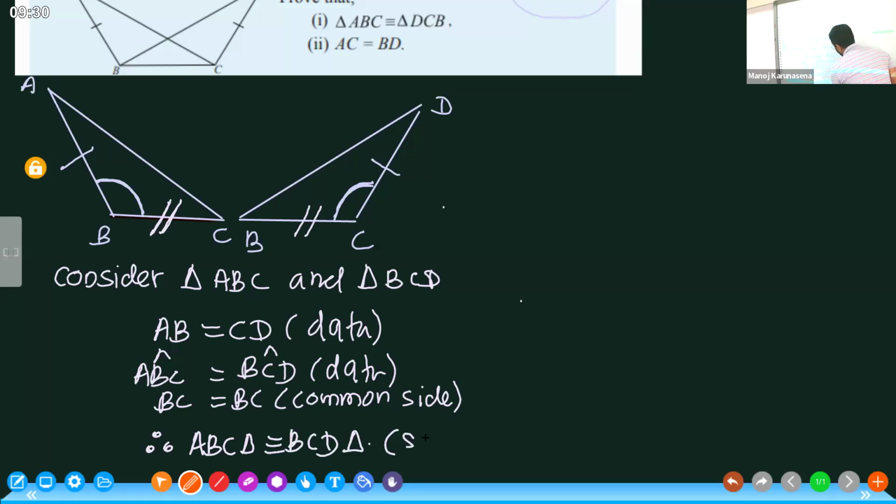The case is side angle side. So this is the answer for question number 1.